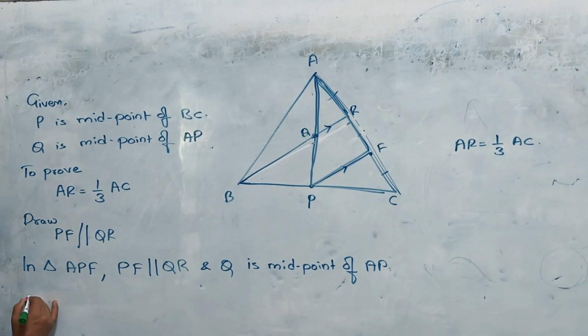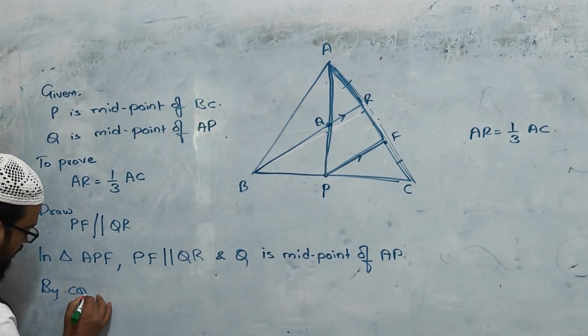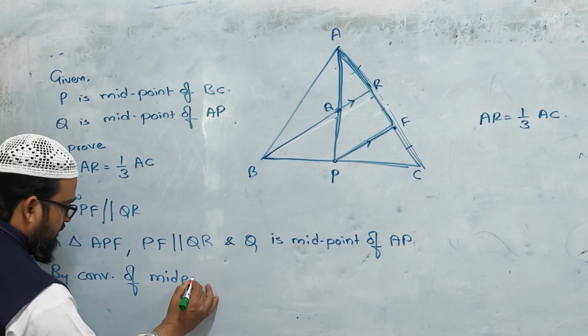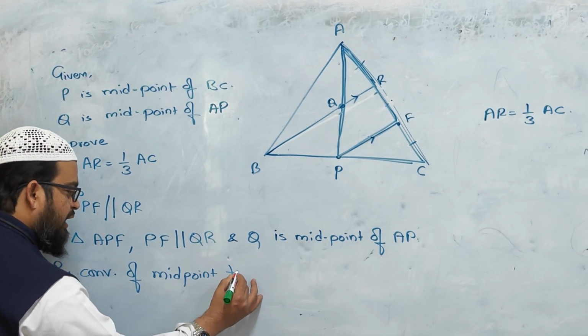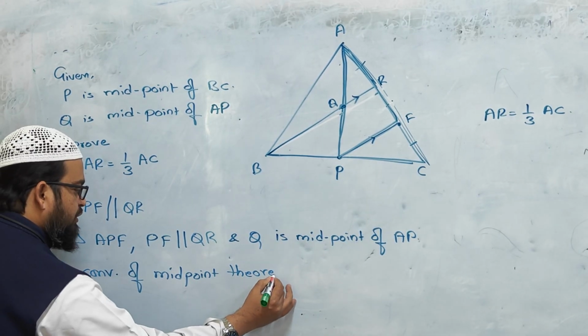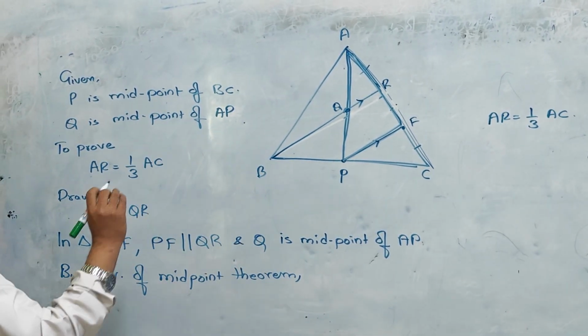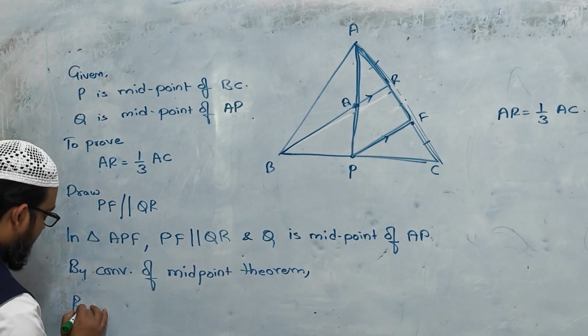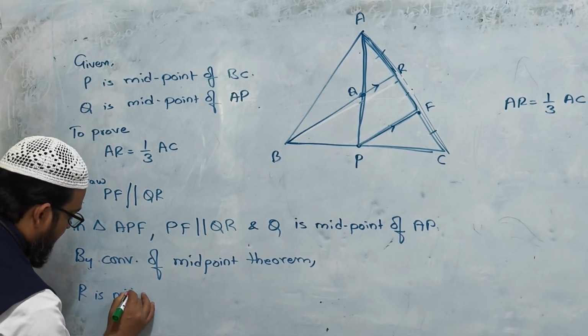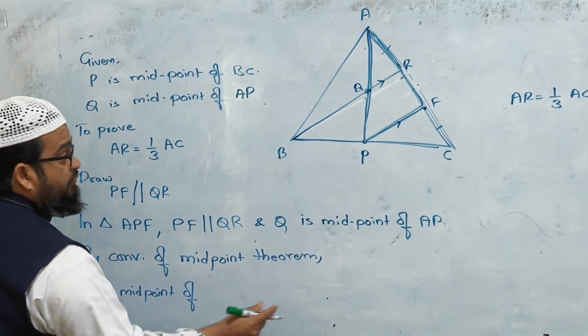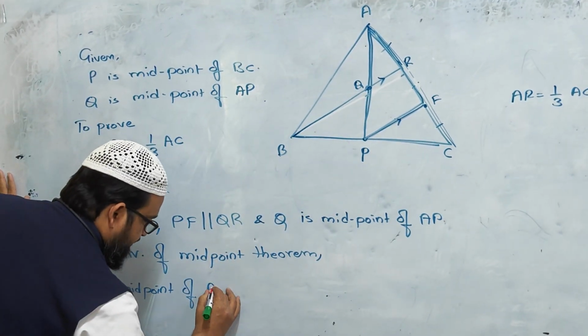So by converse of midpoint theorem, or we can take it as BPT also, R is the midpoint of AF.